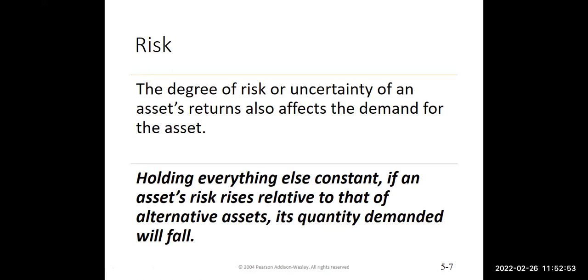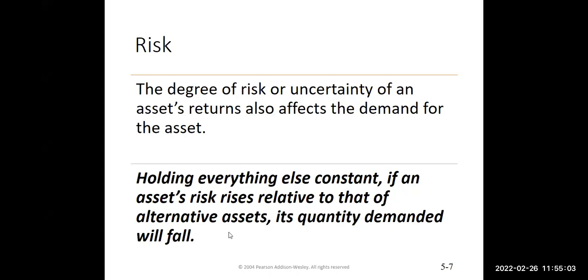There are different kinds of people in the market. One type is called risk averse, and the other type is called risk taker. Holding everything else constant, if an asset's risk rises relative to that of alternative assets, its quantity demanded will fall.